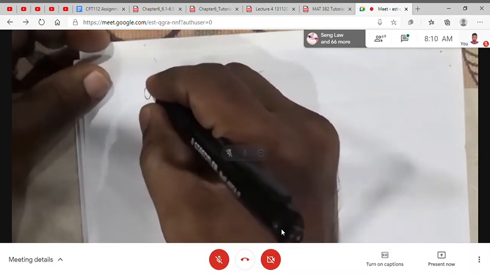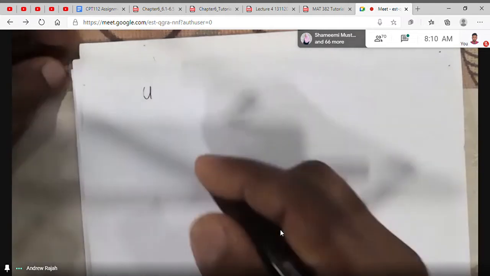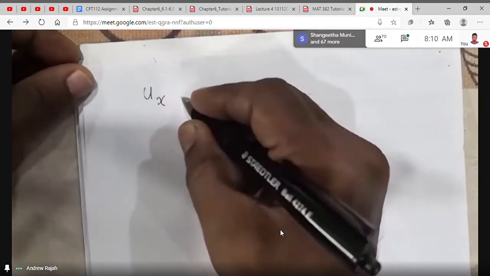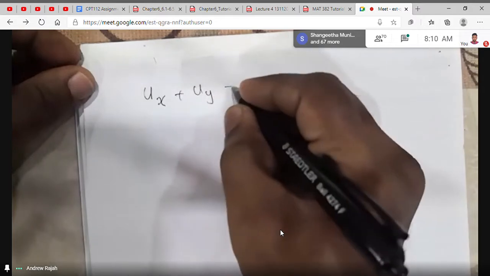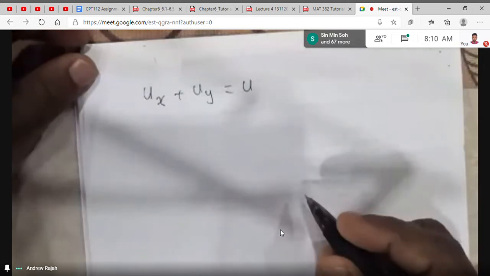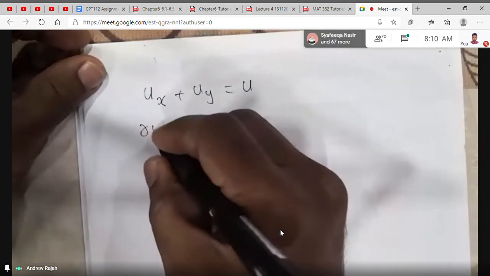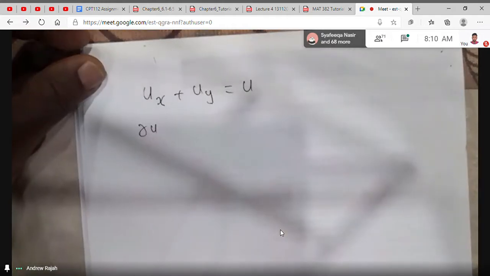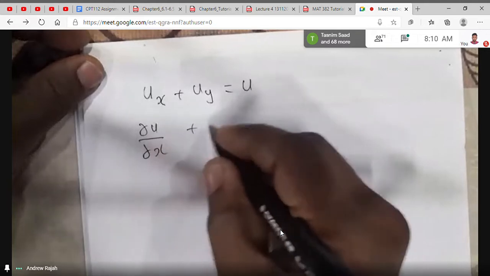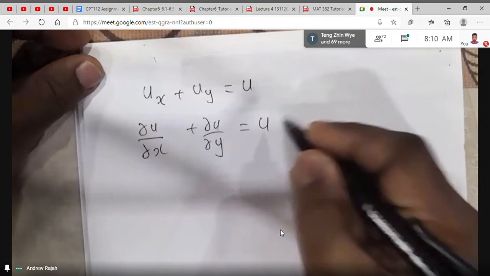So yeah, we're trying to solve this. You know, this means del u del x plus del u del y equals to u.